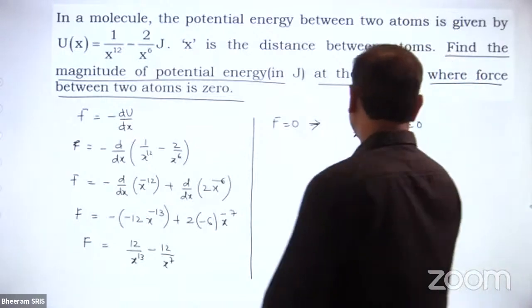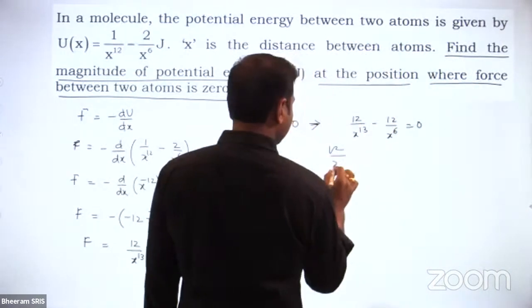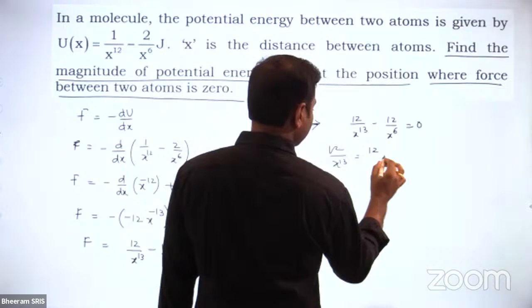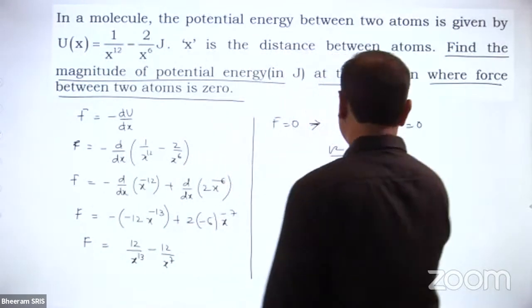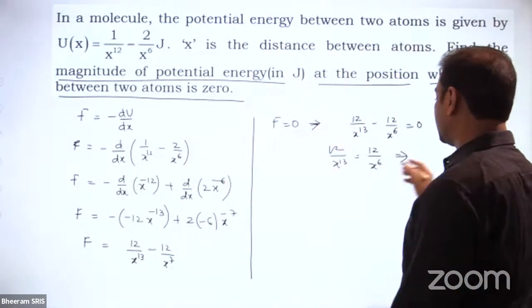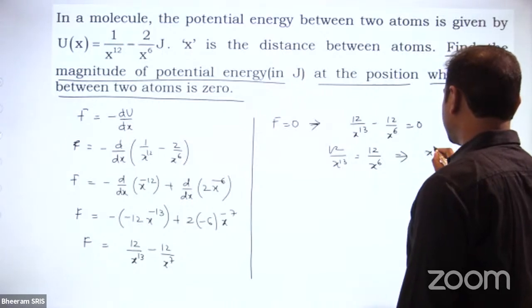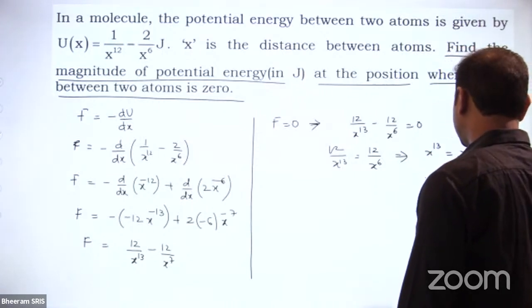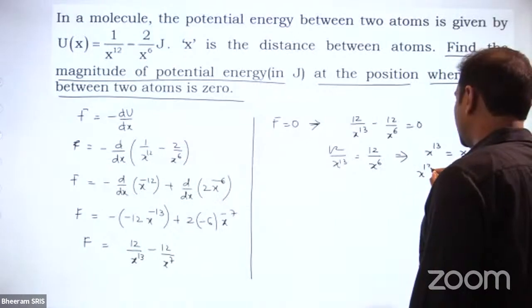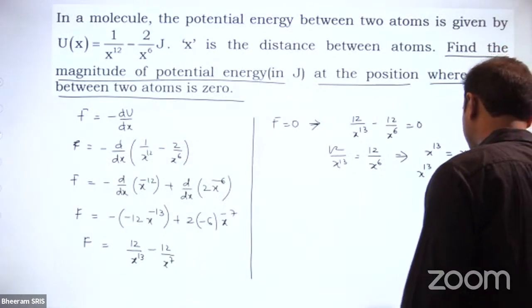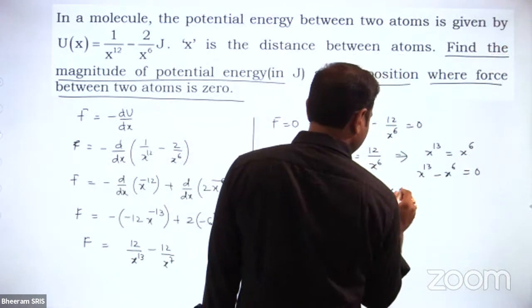Okay, so you can go like this. 12 by x raised to 13 is equal to 12 by x raised to 7. 12 cancels out. Then x raised to 13 is equal to x raised to 7, I can write. x raised to 13 minus x raised to 7 is equal to 0. Just I want to see the remaining things.